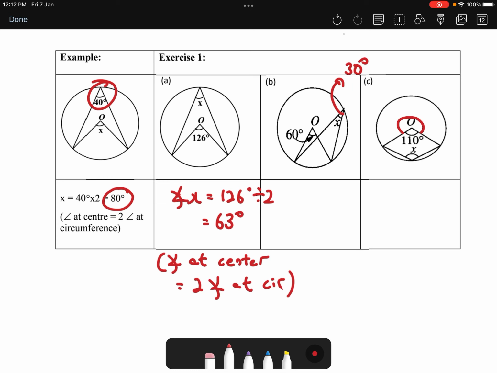So 360 minus 110 is 250 degrees. After that, angle x is just 250 divided by 2, which is 125 degrees. Then same thing, you just write the reasoning: angle at the center equals 2 times angle at the circumference.